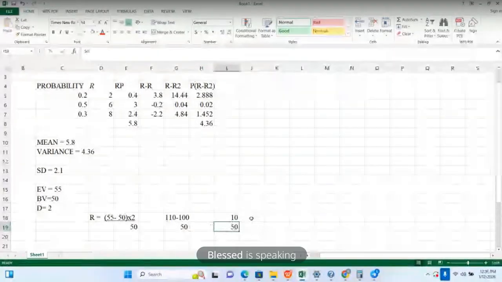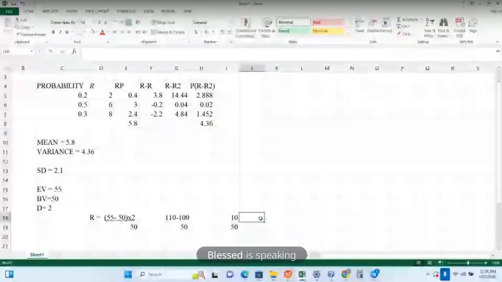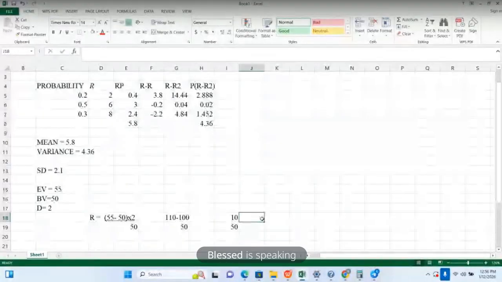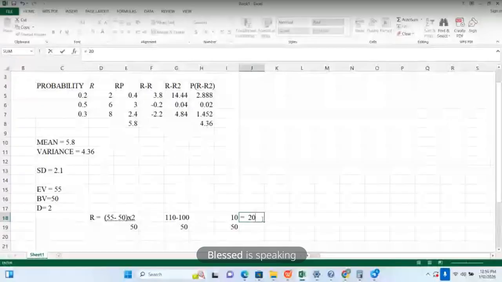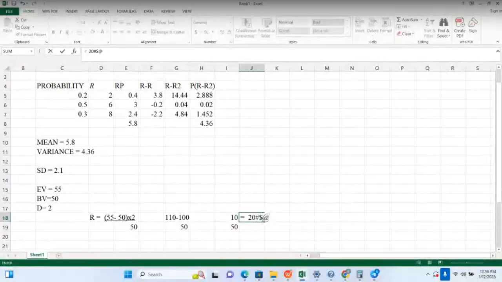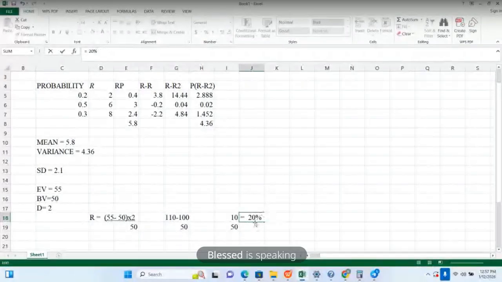Please don't forget that you're supposed to be putting all over. It's just because I'm rushing and don't want to delay anymore. So we have our 20%. So that is our return.